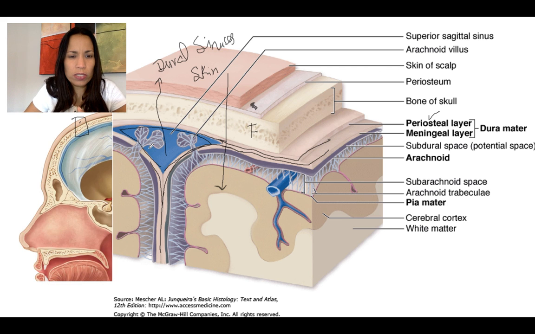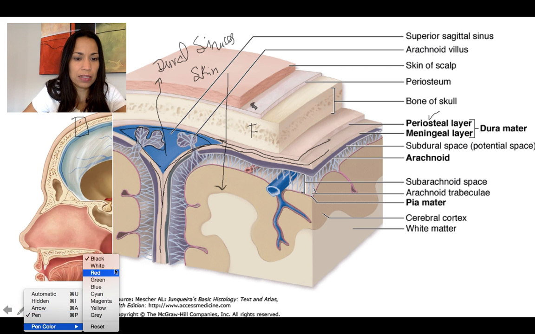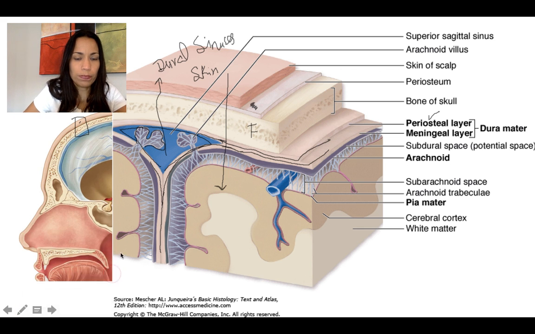Now, important, and we're going to describe in the next video, are these granulations, these structures that are peeking into the dural sinuses. We'll describe that later. Now, the second layer, after the dura mater, is the arachnoid, which is this in red.